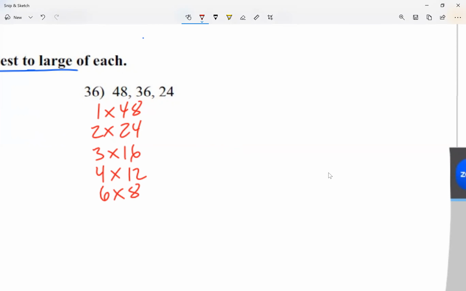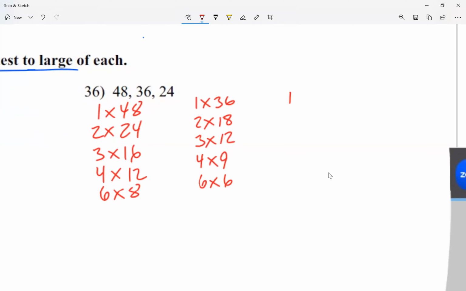The factors of 36 are 1 times 36, 2 times 18, 3 times 12, 4 times 9, and then 6 times 6. The factors of 24 are 1 times 24, 2 times 12, 3 times 8, and then 4 times 6.